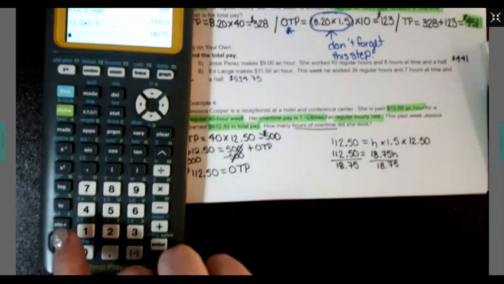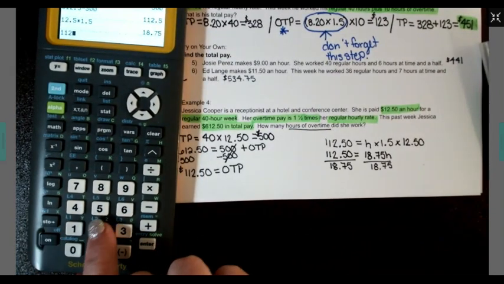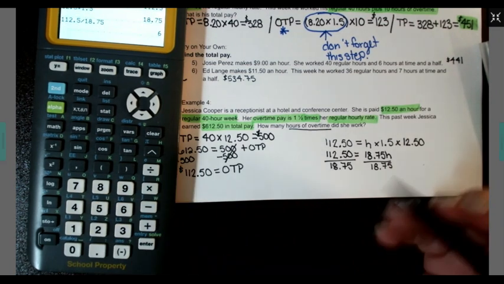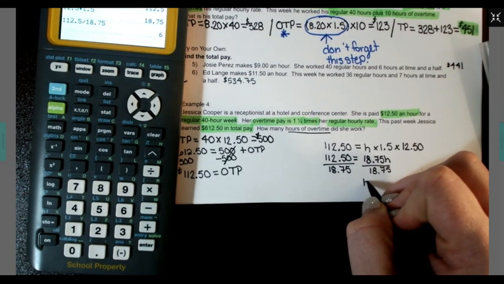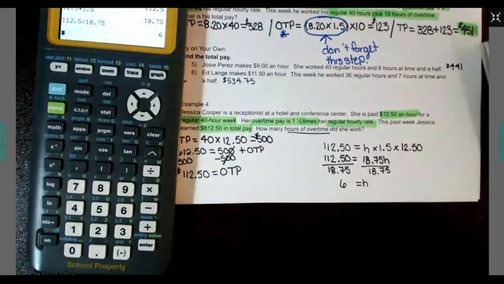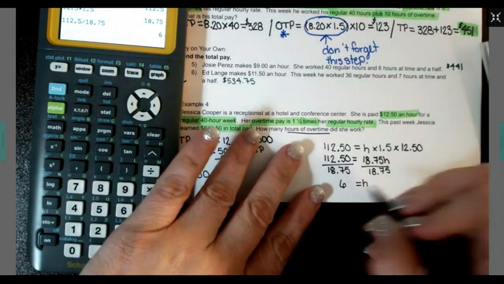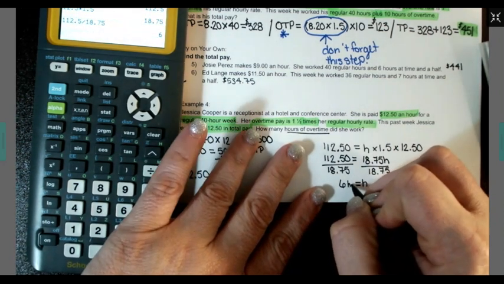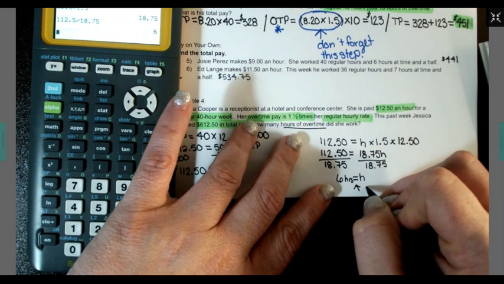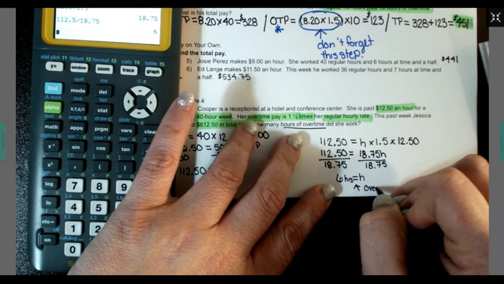So now I'm going to do 112.50 divided by 18.75, and H equals 6. What does the 6 represent? Hours of overtime. So it's 6 hours, and this is just my overtime hours.